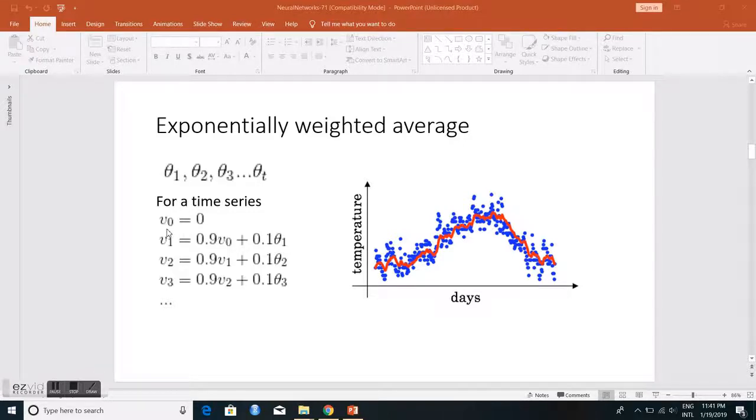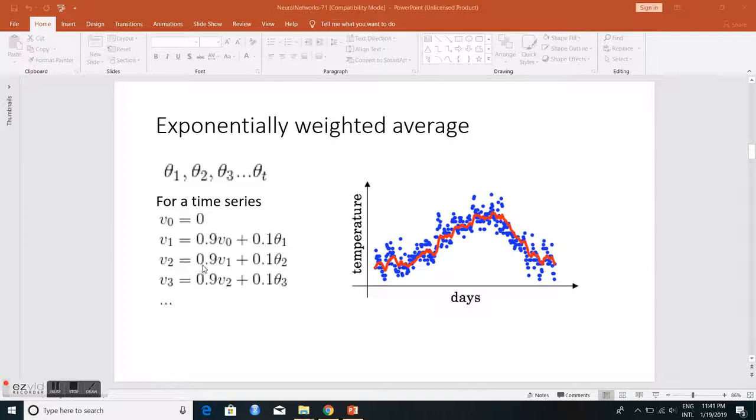Let's assume the value v0 is 0, and the moving average at point 1 is a weighting value of 0.9 of the previous value, plus 1 minus 0.9, that's 0.1, of the value at this particular point in time, that is theta 1.